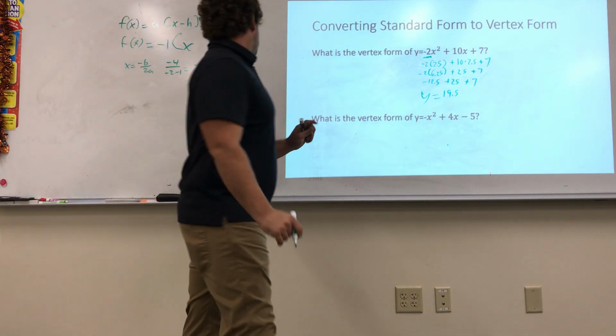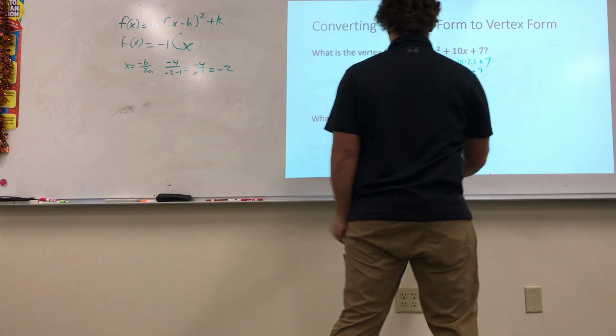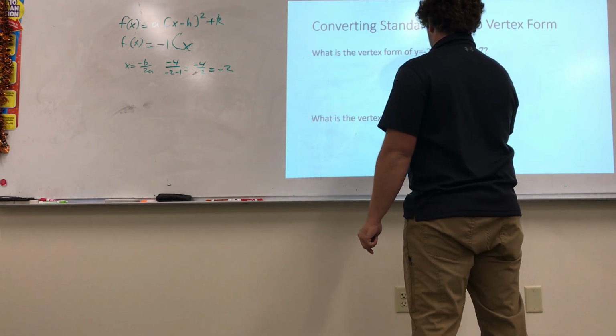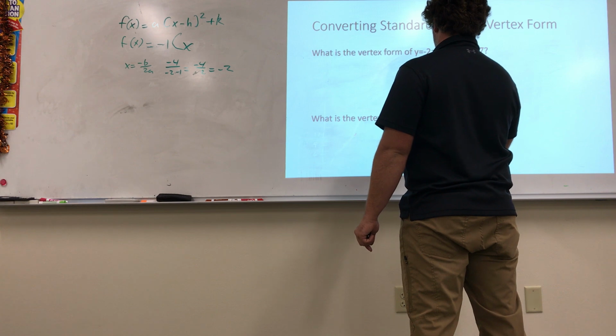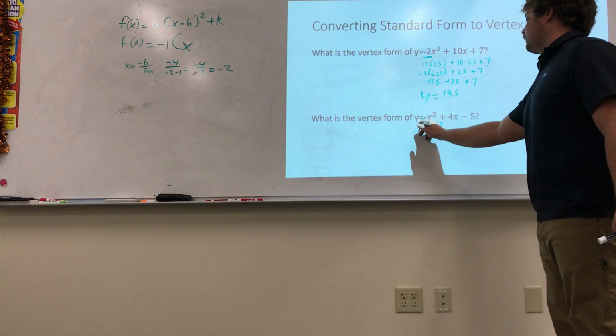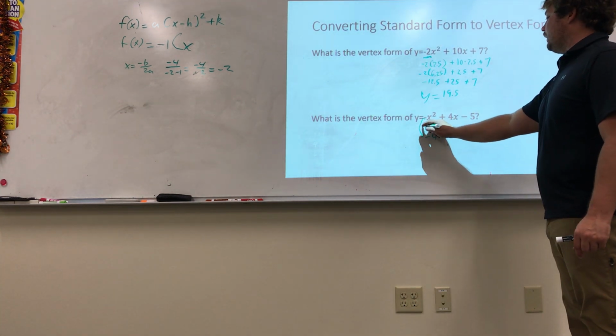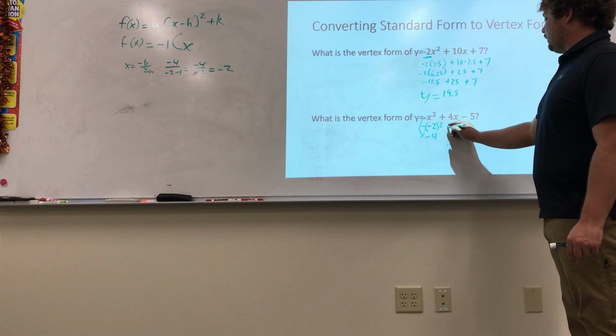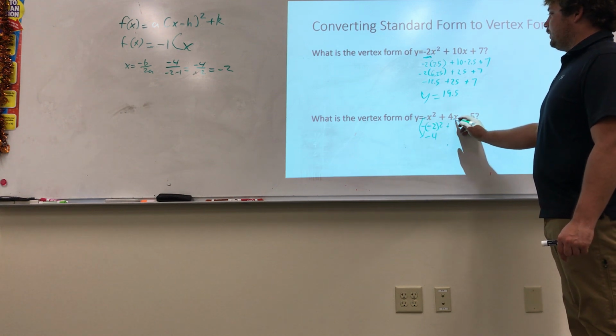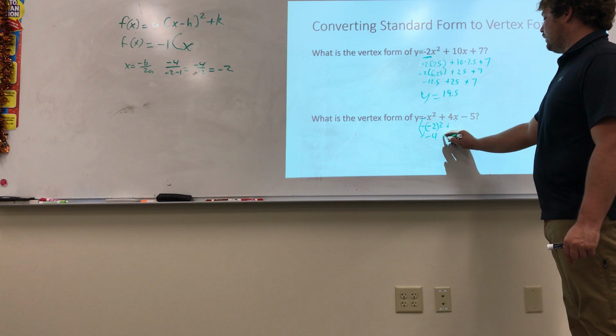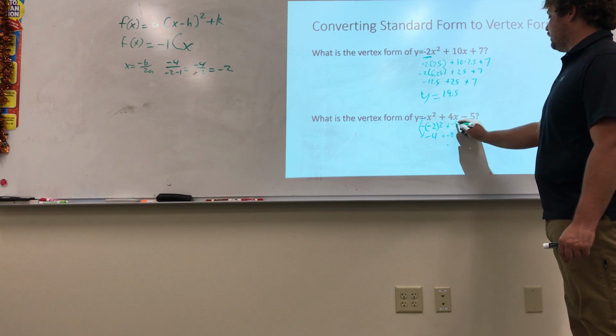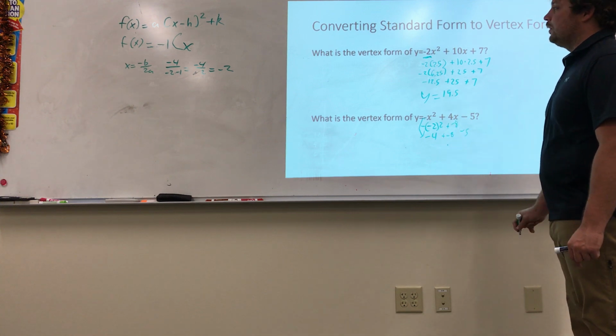So now we know what x is, we plug it in here. We get negative 2 squared, which is 4, minus, keep that minus sign, that's going to come down here after I square it. Plus 4 times negative 2, which is negative 8, minus 5.